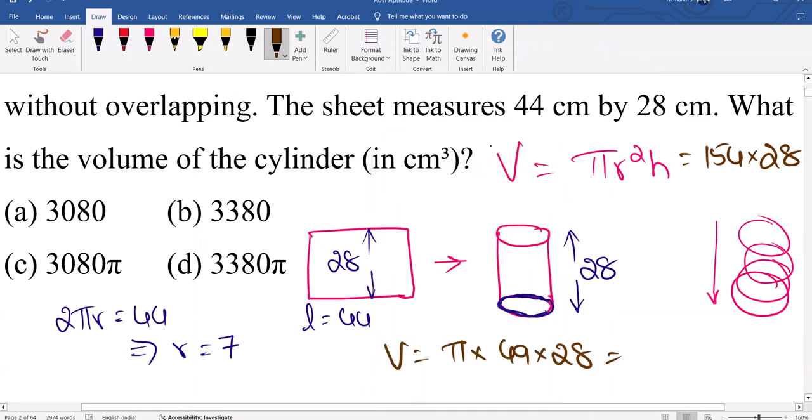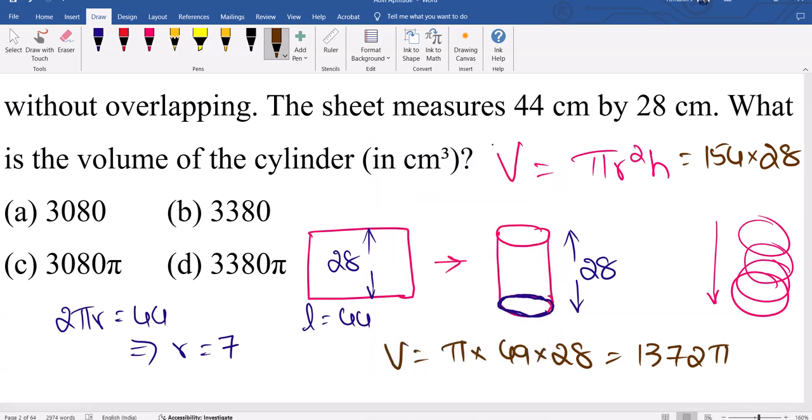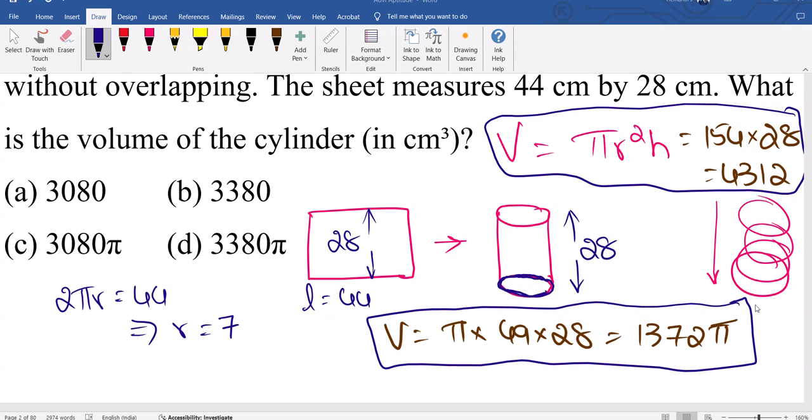We got 1372 pi in terms of pi, but without pi it's nothing but 4312. So your option should be 4312 centimeter cube, or in terms of pi 1372 pi. One among these is your answer.